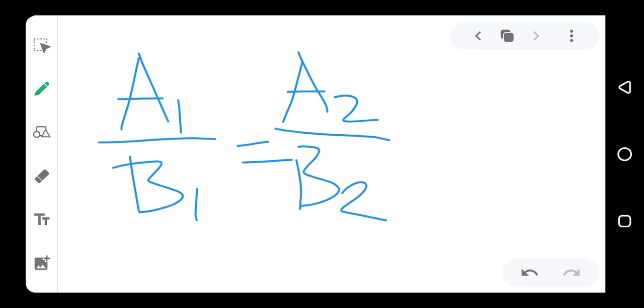If we have another A and B, maybe A3 and B3, we continue doing it that way. We put the A on top and B, maybe say A3 over B3.